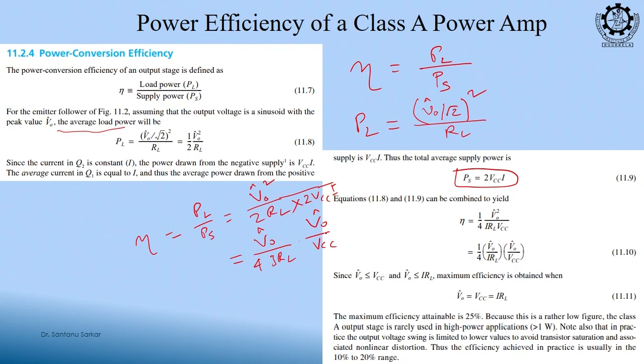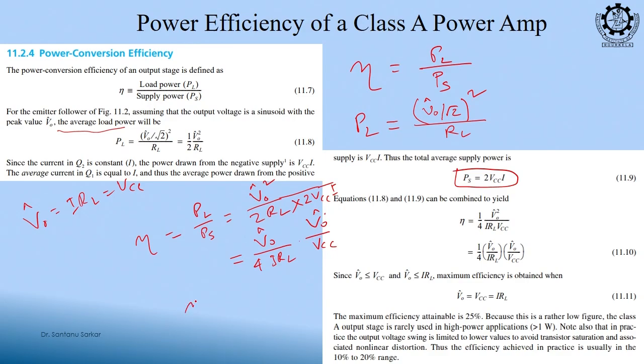For which case this will be maximum? If V0 by IRL and V0 by VCC terms are 1. So, suppose we are assuming that maximum V0 is equal to VCC. So, this term will be cancelled and let us consider that V0 is equal to IRL. So, maximum we are considering V0 is equal to IRL is equal to VCC.